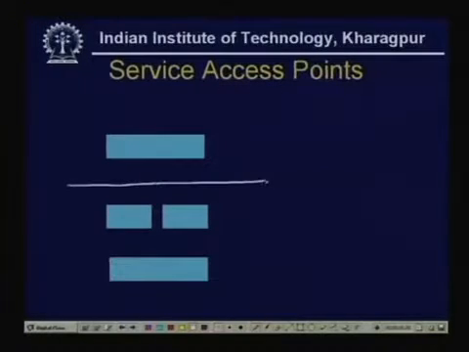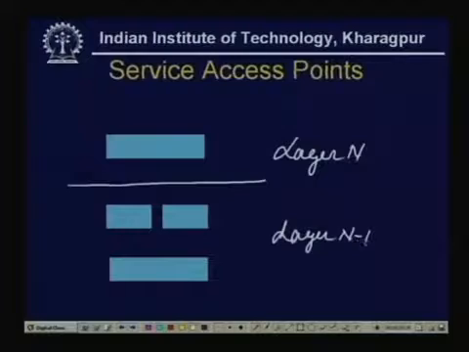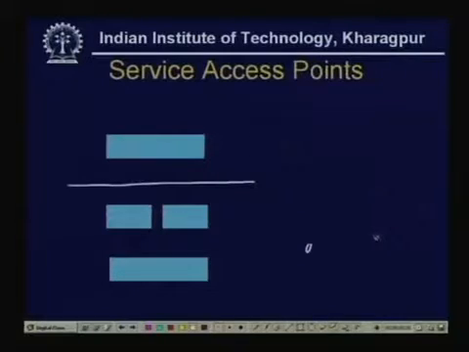Say this is layer n and this is layer n minus 1. Okay, instead of writing on this side, let me write on the other side. So, this is say layer n and this is layer n minus 1.